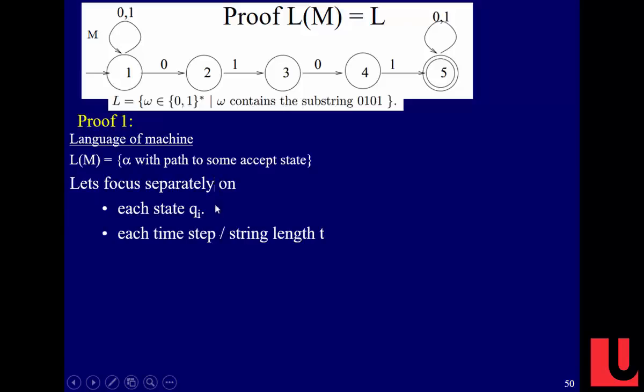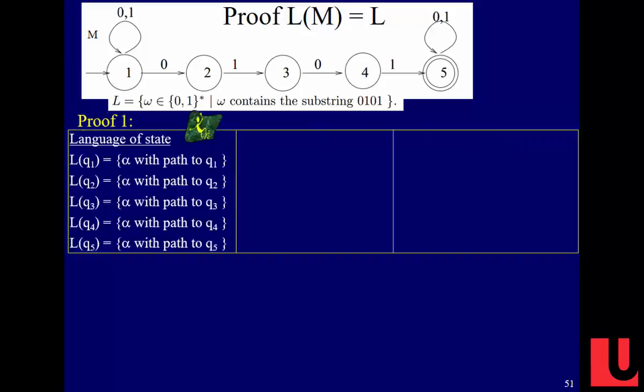So instead of focusing just on some states, we're not going to focus just on the accept states. We want to focus on each state. Here I'm going to talk about the language of state 1.